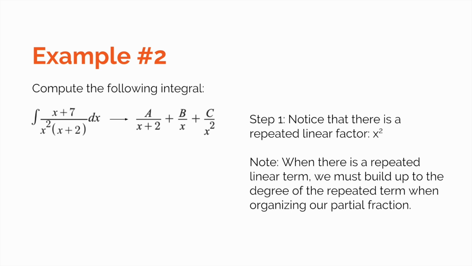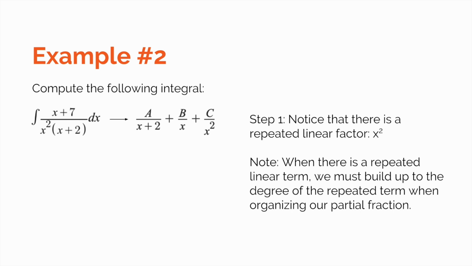You'd expect that since it appears that we only have two terms in our original fraction of x plus 7 over x squared times x plus 2, but really what we have to do, as I've said before, is build up to that term, which in the case of x to the fourth power, for instance, would mean having a over x plus 2 plus b over x plus c over x squared plus d over x cubed plus e over x to the fourth power.